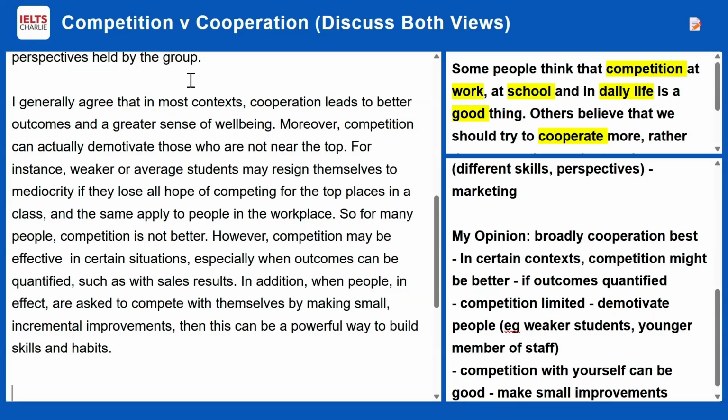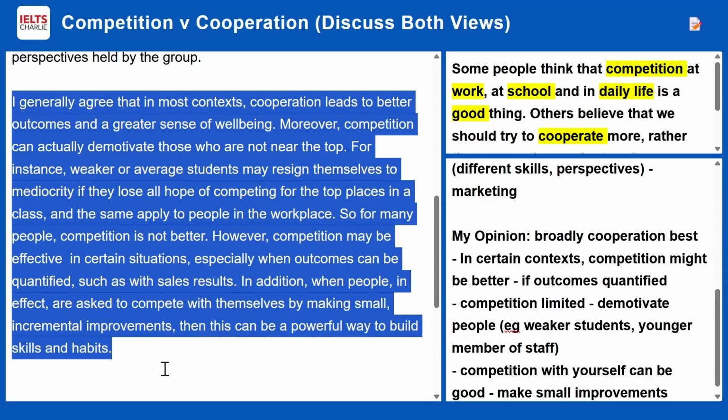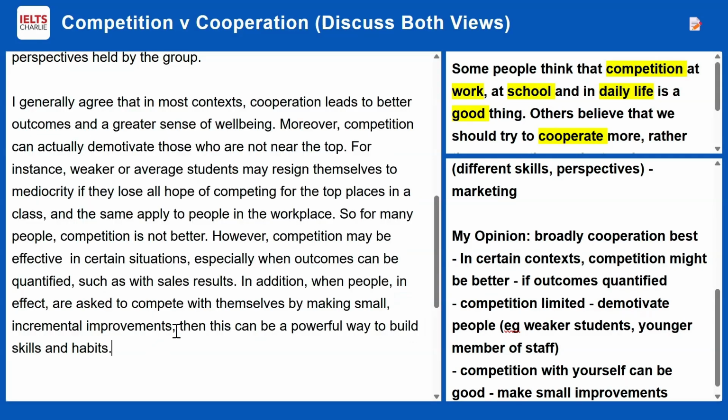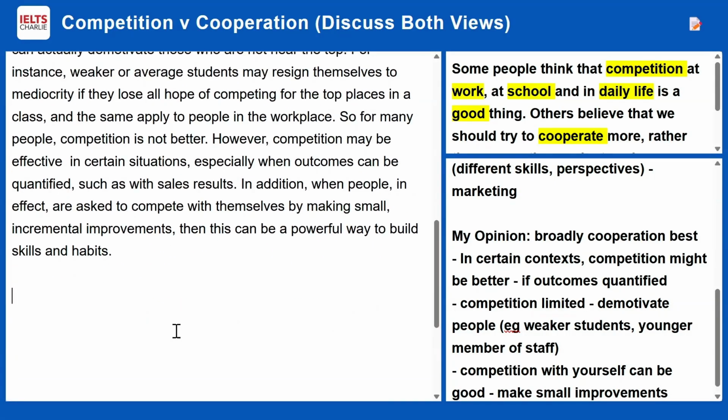But to be honest, I don't think that's necessary in a discuss both views essay, because your opinion, because it builds on the discussion of the 2 views, is effectively your conclusion as well. So you don't need to do an extra conclusion. There's nothing really wrong with it. The only risk there is in having a concluding paragraph here is that you can just simply repeat yourself. But let's just do one anyway.